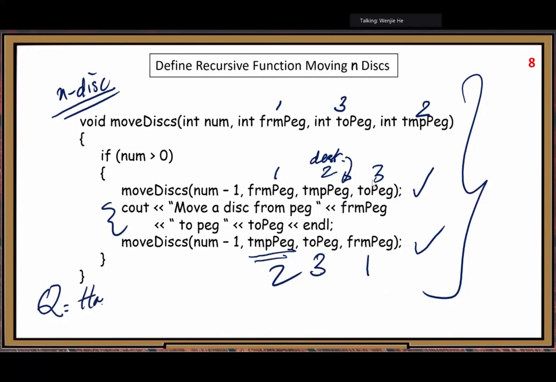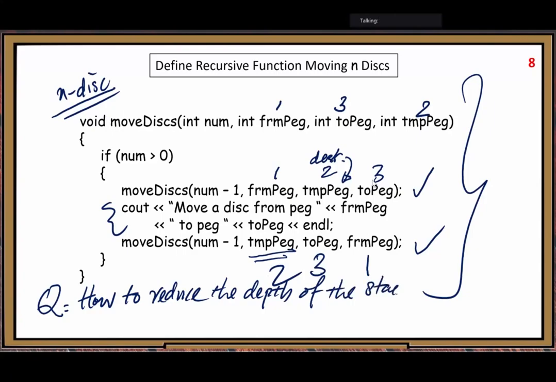How to reduce the depth of the stack in implementation of recursions.